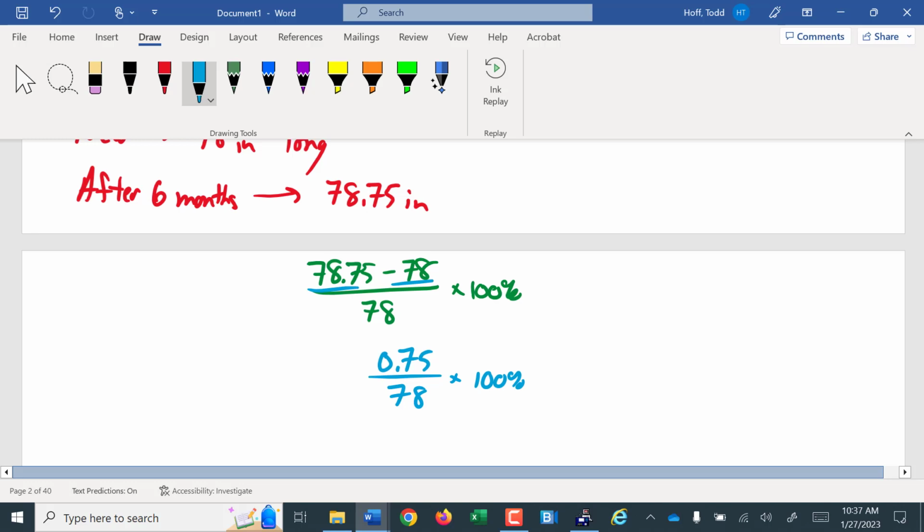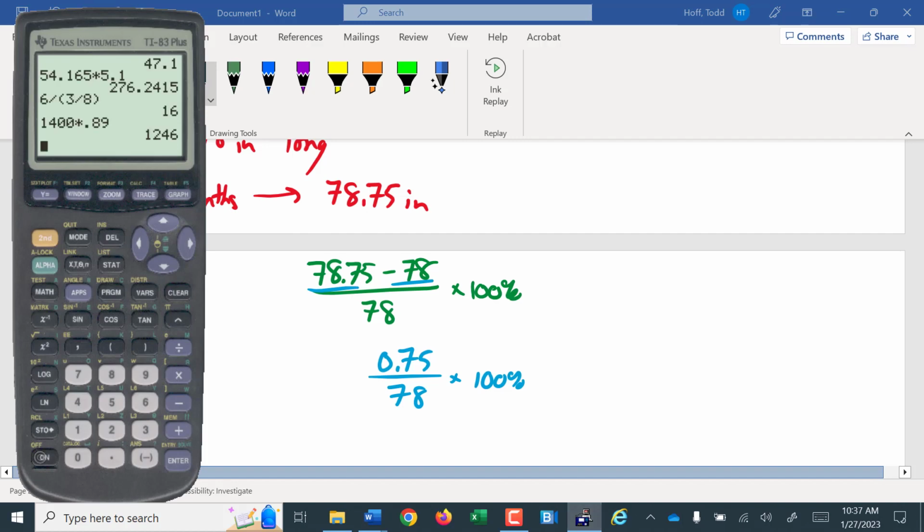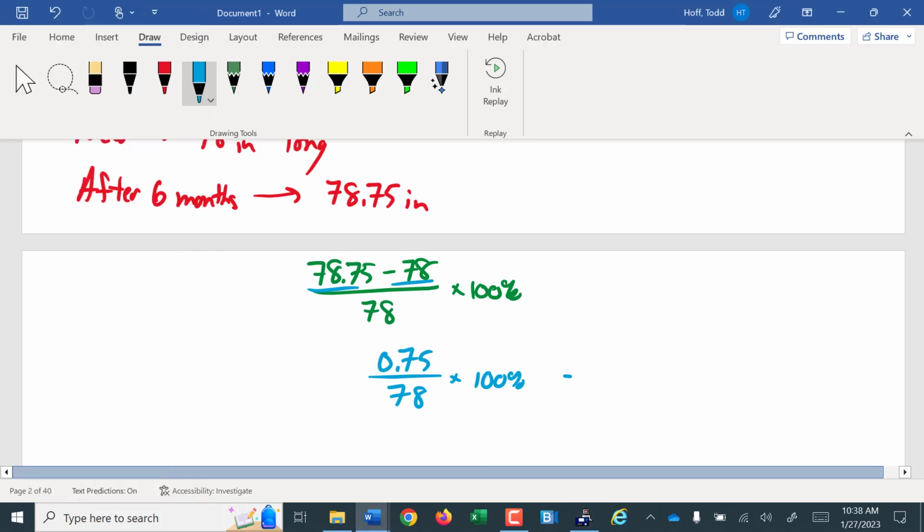Now, the percent is just a symbol here. When we do the calculation, we're actually going to just do 0.75 divided by 78 and then times 100. Gives us 0.96. Now we put the percent on that. So this is slightly less than 1% elongation.